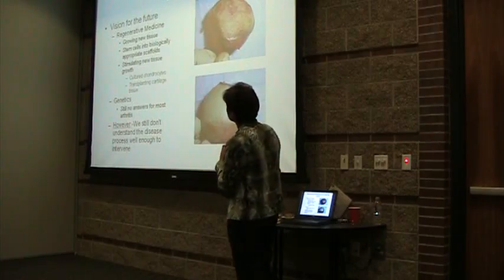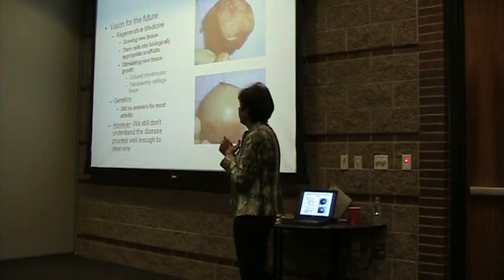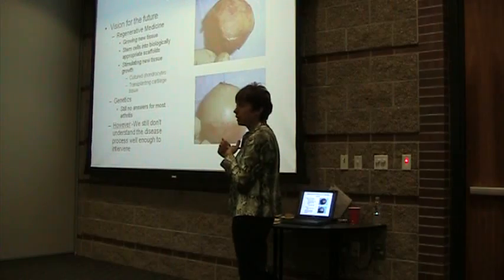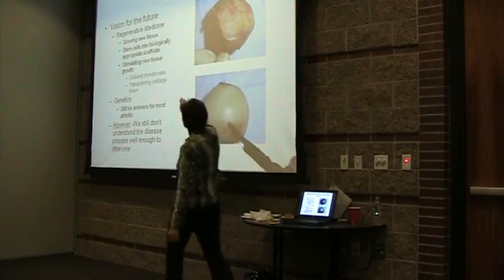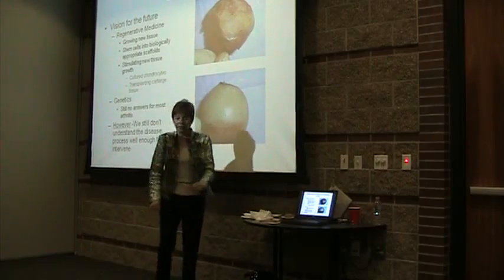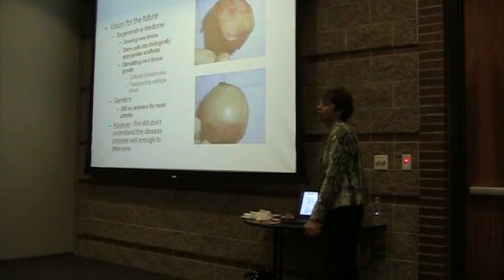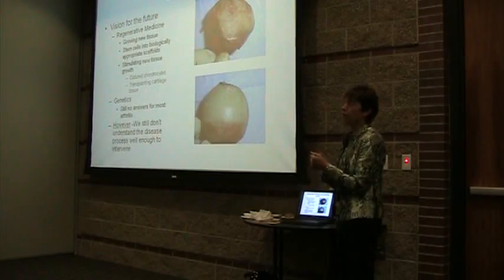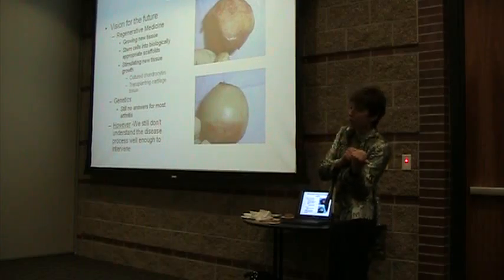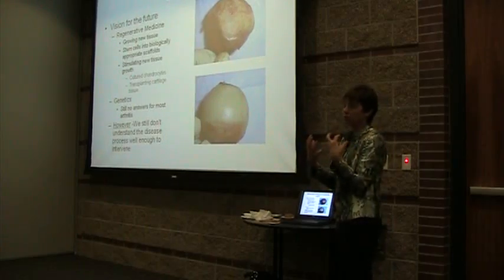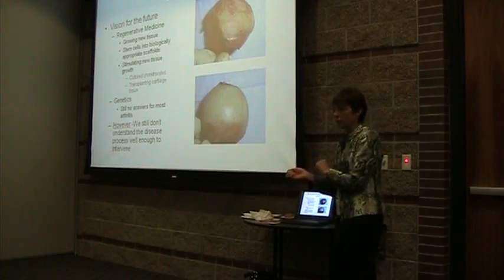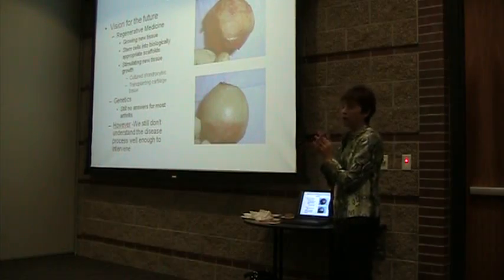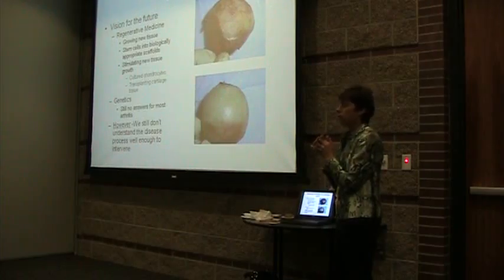There are efforts to stimulate new tissue growth, and two of them are being done currently. One is where you use cultured chondrocytes, and that's the procedure that goes under the trade name of Carticel. That procedure involves taking cartilage cells from areas of a joint where the cartilage is not weight-bearing, sending them off to a company, having those cells grown in cell culture, then they're sent back to the surgeon, and at a separate operation, usually 6 to 8 weeks later, those cells are reimplanted into a cartilage defect.